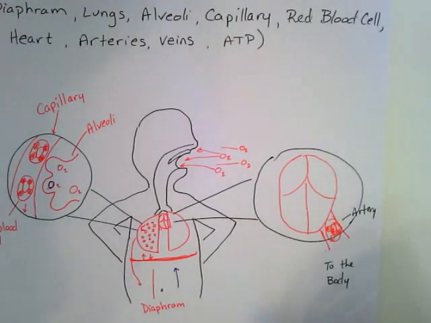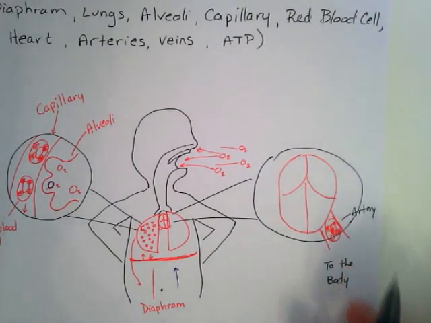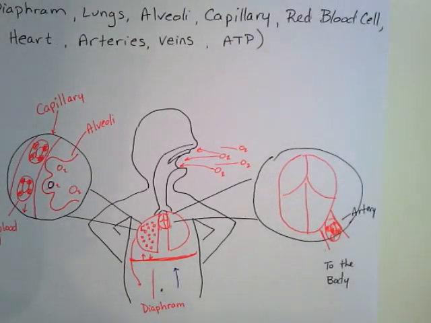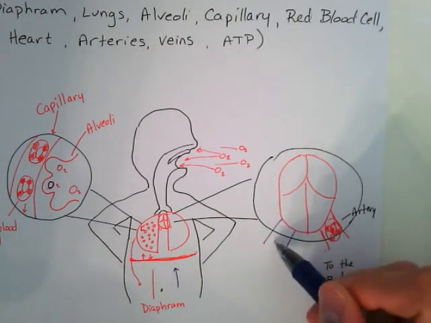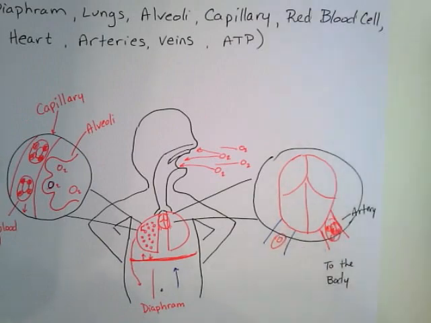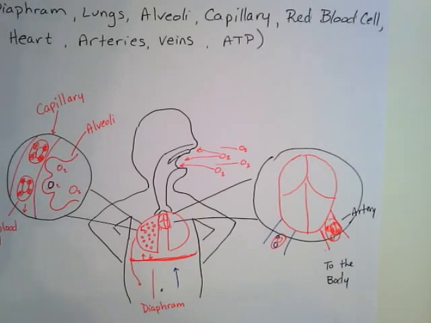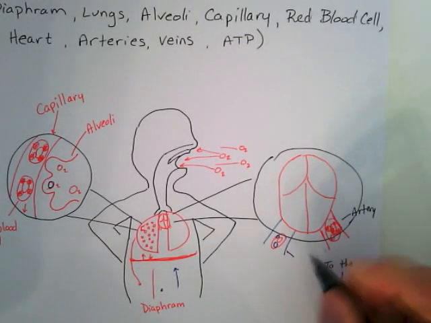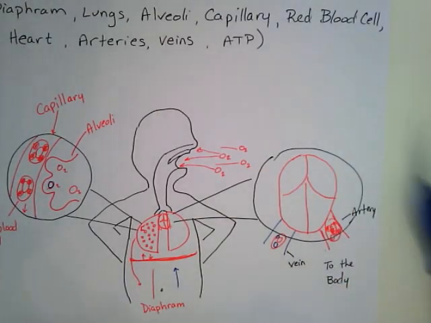This artery goes throughout the body, and then the thing that pulls back, after cellular respiration happens and we have this carbon dioxide coming back, we have these things called veins that carry the red blood cells. But inside of it now, we have carbon dioxide. Let's label this my vein. And this comes from the body.